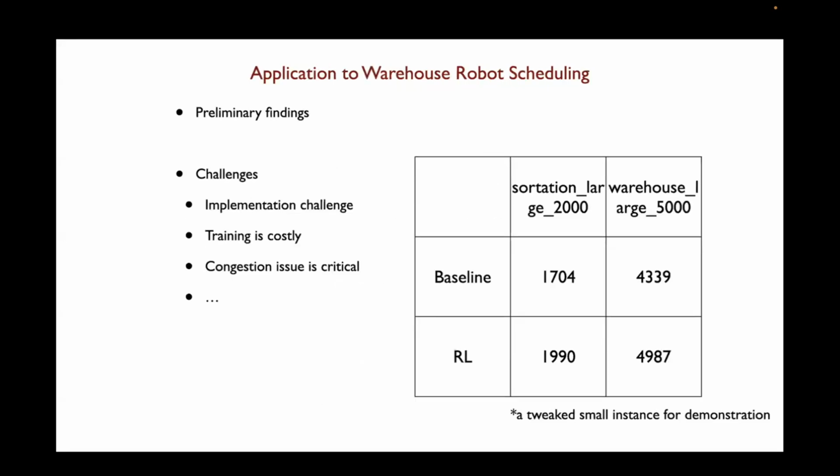I'm saying this is a very preliminary exploration, because there are still a lot of challenges applying this framework to our competition, and we were trying, but we only got very preliminary results. In essence, what we find is that implementation-wise it is not easy. Training is also very costly. RL is data hungry.